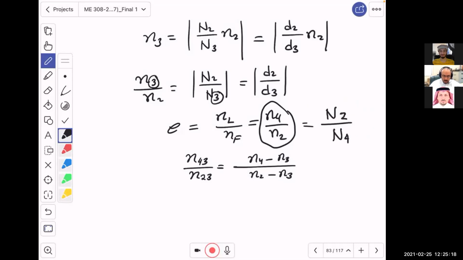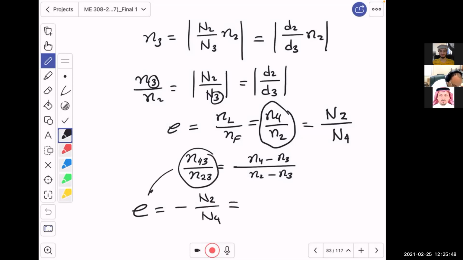That's what this is. And if I write this considering it as a magnitude, without taking into consideration that when the gears engage, one of them will be opposite to the other, then formally I can write this E as minus N2 divided by N4, which is this one.